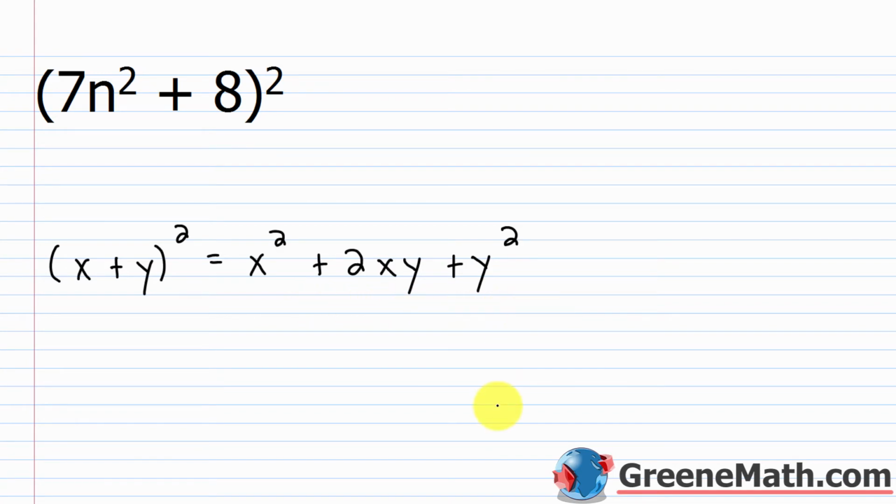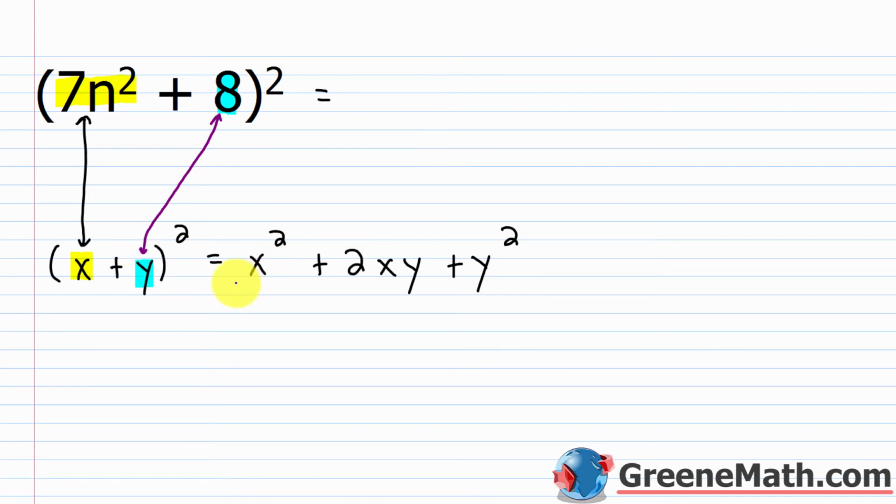Now, if I go through and try to apply this, again, I have to match things up. So in this case, x, which is the first term here, represents 7n squared, which is the first term here. So those match up. Then y, which is the second term here, matches up with 8, which is the second term here. So those match up.